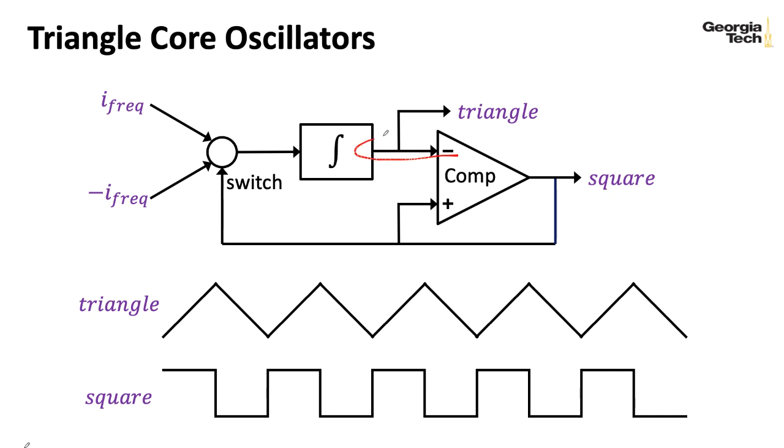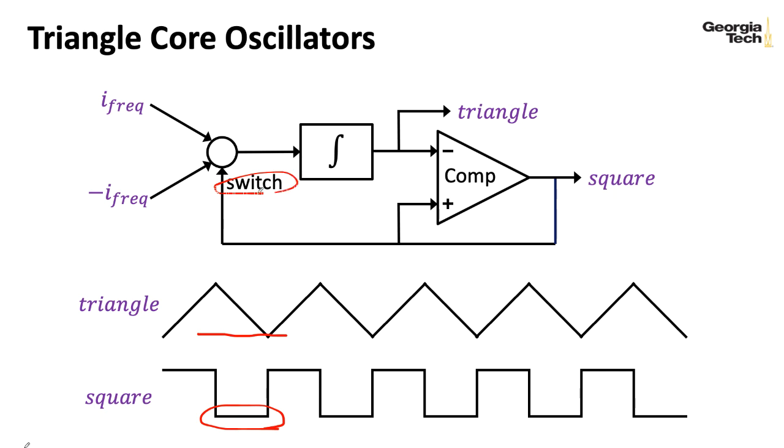If the output of the integrator is smaller than this upper threshold of the square wave, then the comparator is outputting sort of a logical true, which in this case we'll say picks this input with the positive constant. But once it exceeds that threshold, the output here sort of turns into a logical false. And then now what we're going to be comparing to will be this lower threshold.